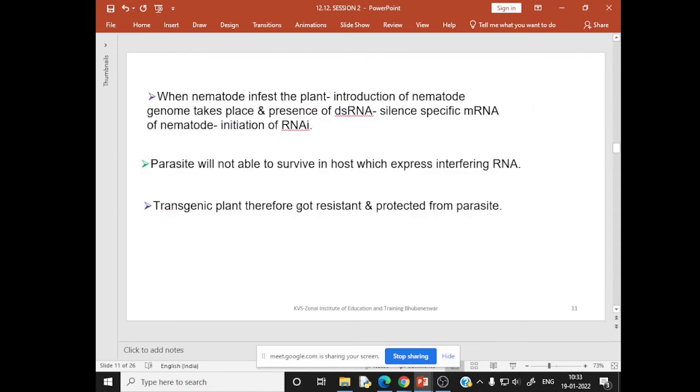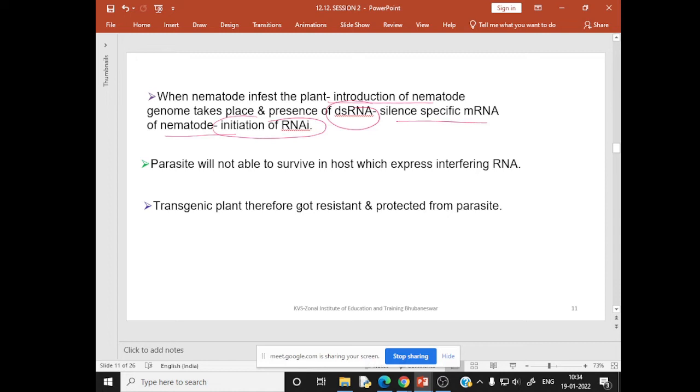Clear? When nematode infests the plant, introduction of the nematode genome takes place in the presence of double-stranded RNA, which silences specific mRNA of the nematode, and initiation of RNAi will take place. When the nematode infests the plant, introduction of the nematode-specific genome will take place, and the presence of double-stranded RNA that silences specific mRNA of the nematode will initiate the RNAi.